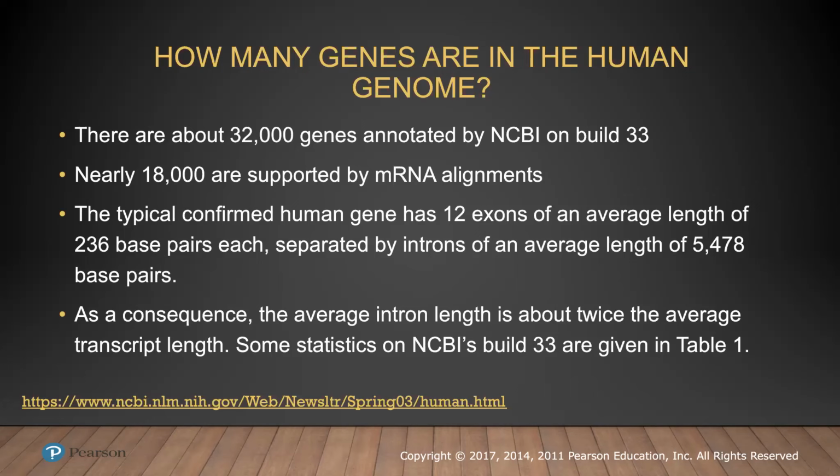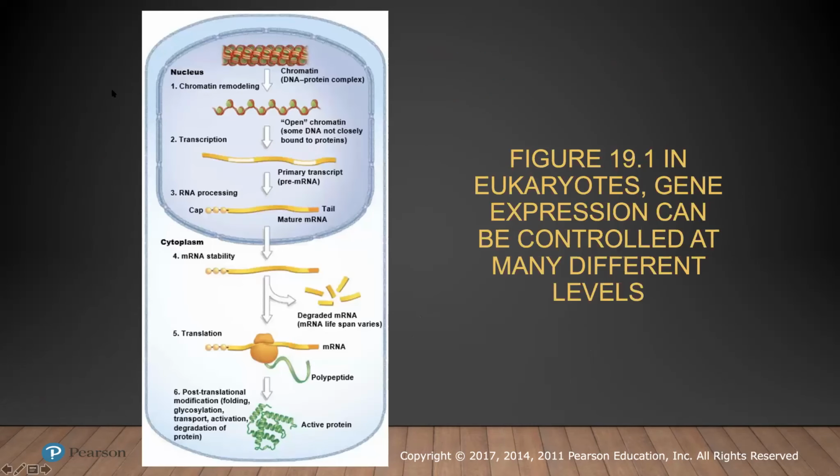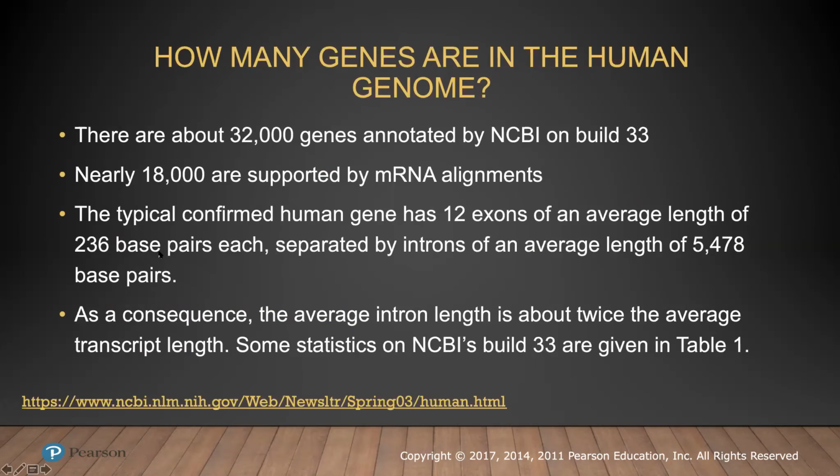So when you're looking at this transcript here of our pre-messenger RNA, what they're saying is that we've got basically 12 of these dark gold regions here that are exons, and that the length of this exon on average is about 236 base pairs long.